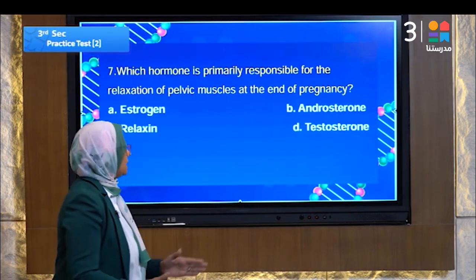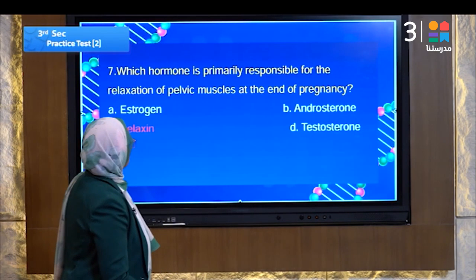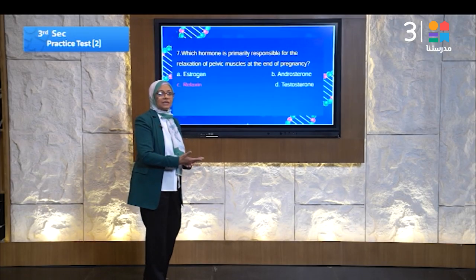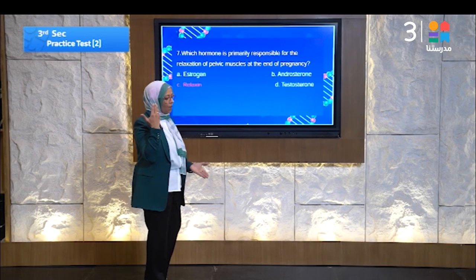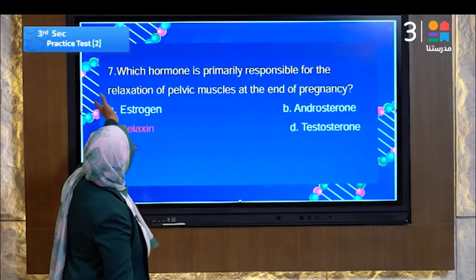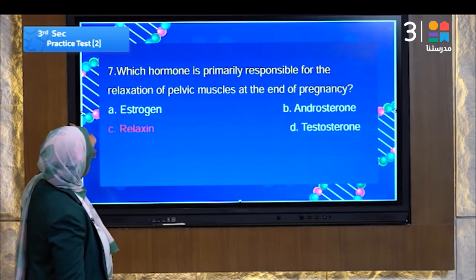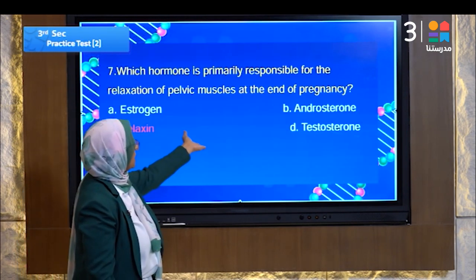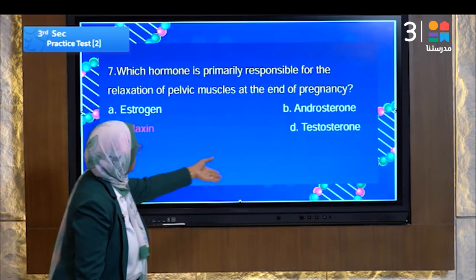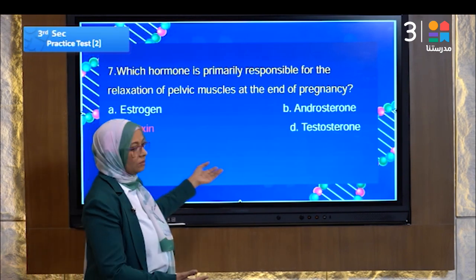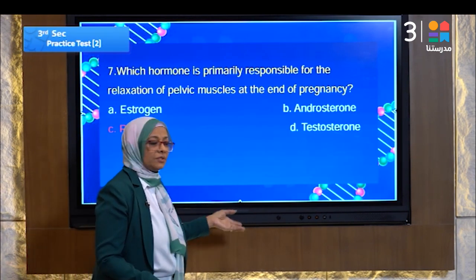So the answer is relaxin. Let's read the question again to make it stay in our mind: which hormone is primarily responsible for the relaxation of pelvic muscles at the end of pregnancy? Yes, the relaxin hormone, to facilitate the delivery.